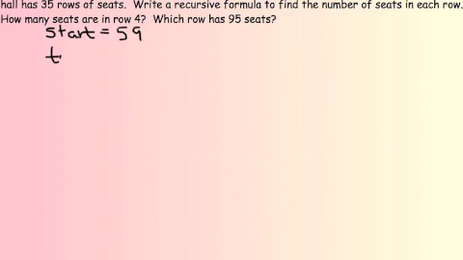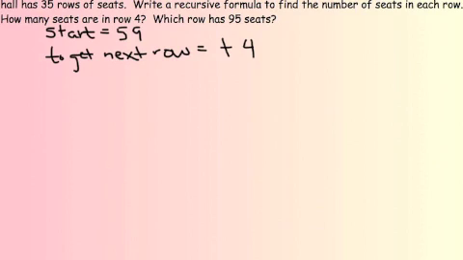And then to get the next number, we will add 4, all right? So again, I don't want to write the word start equals 59 every single time. I don't want to write to get the next row, add 4 to it.